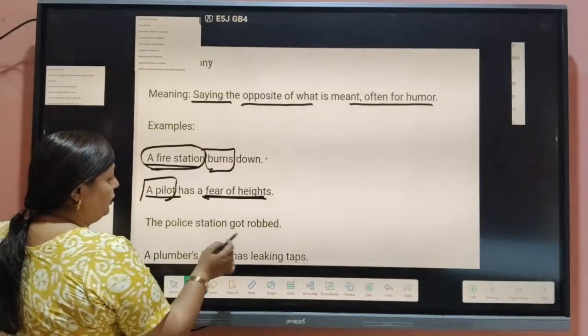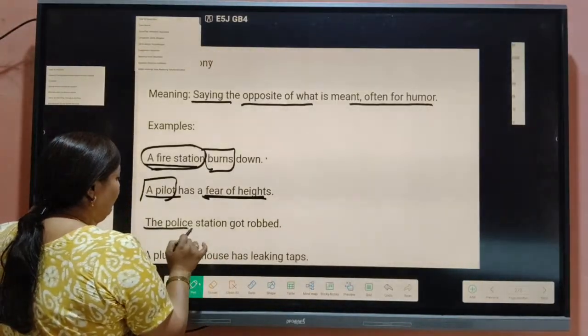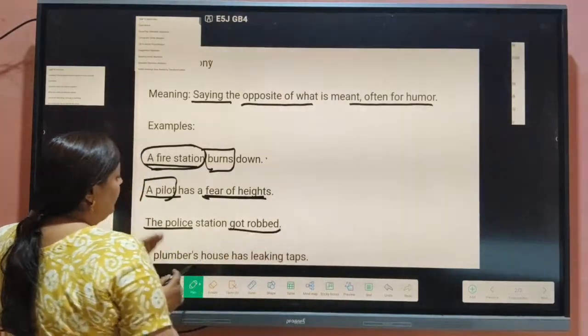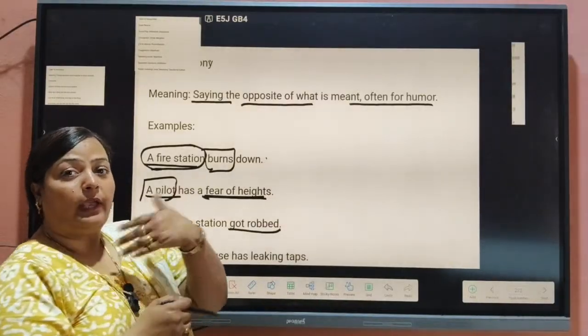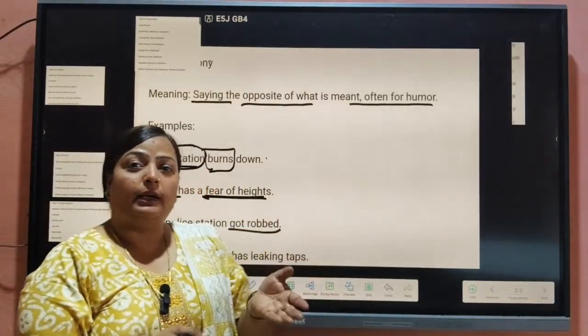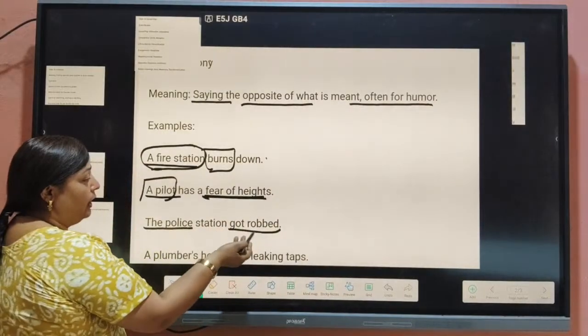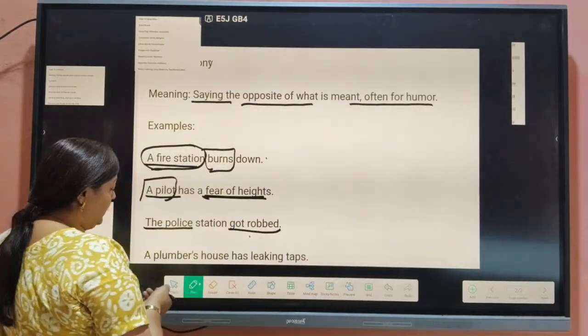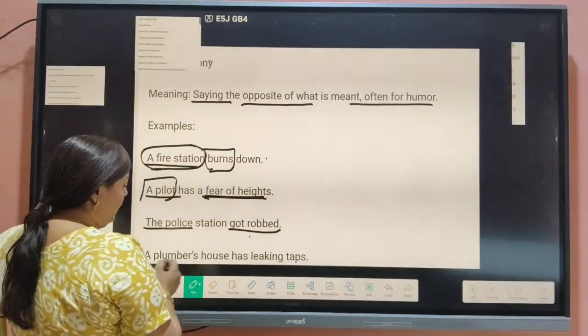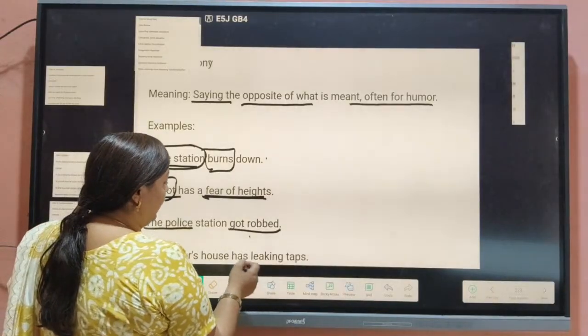The police station got robbed. Here the police station got robbed. A police station is made to help the people, and it itself is robbed. That's why here is irony. A plumber's house has leaking taps.